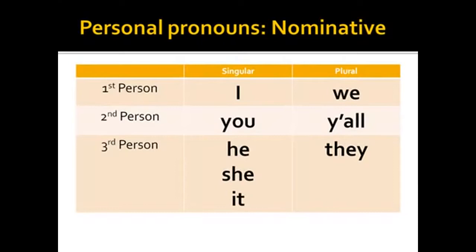So y'all, come on by. Finally, you could be referring to a different party, a third party in the plural sense. So they, the class of 2010, decided not to come. So the concept is that we have a first person, second person, third person in singular and also in plural.